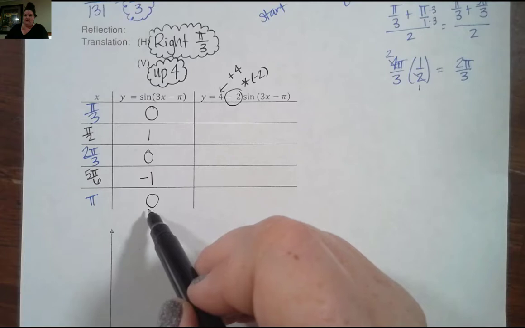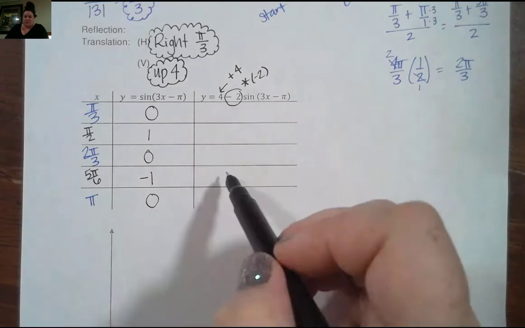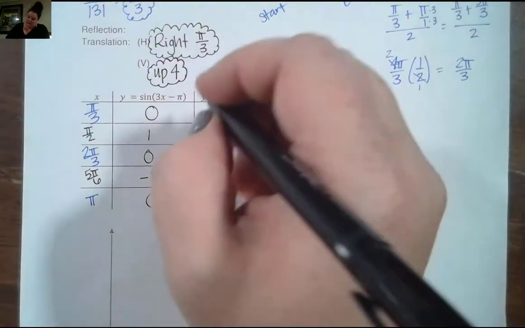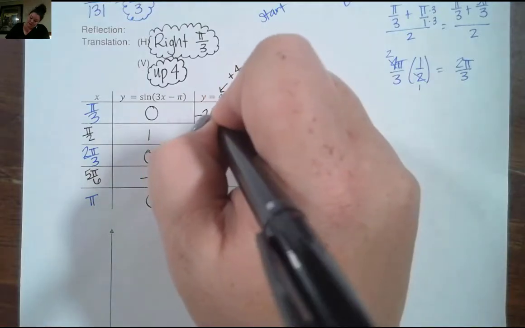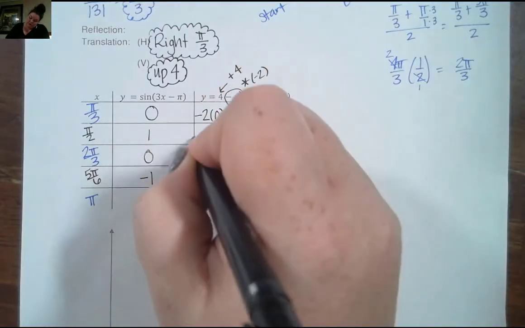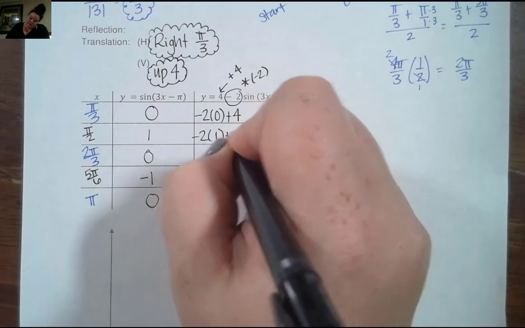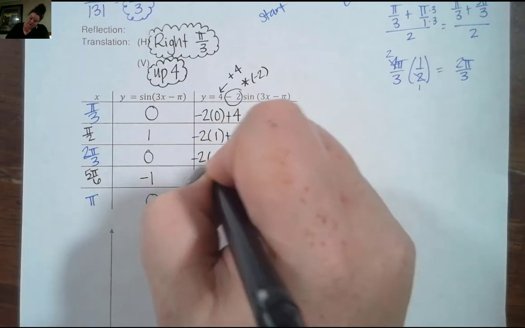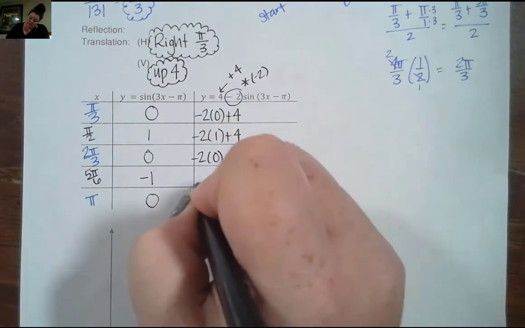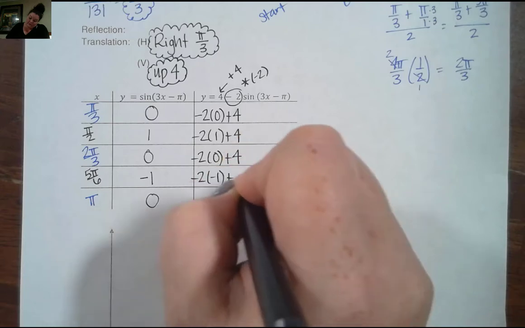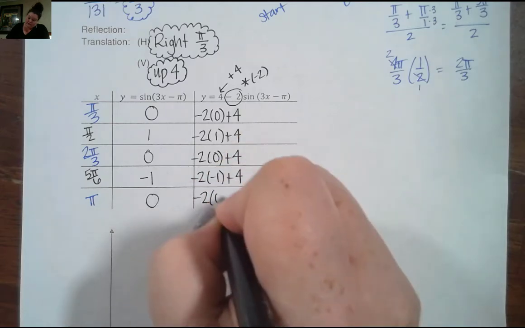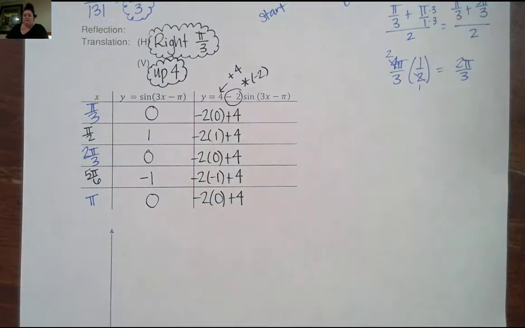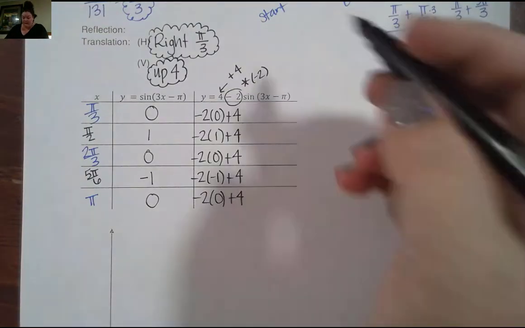And we always do it in PEMDAS order, right? We do our multiplication first. So we're going to do -2 times 0 and then add 4, -2 times 1 and then add 4, -2 times 0 and then add 4, -2 times -1 and add 4, and -2 times 0 and then add 4. And then we just work it all out, okay?